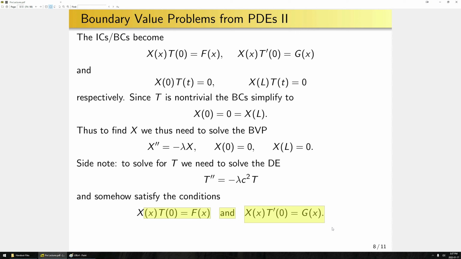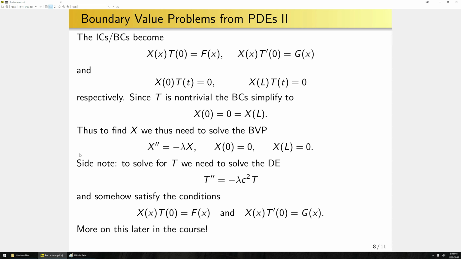Like, f of x and g of x are arbitrary functions. X of x could be one particular solution if the boundary value problem has a unique solution, or it could be an infinite family of solutions. So how can I do this? How is that possible? Well, more on that later in the course. I'll leave that as an open question to try to motivate the second half of the course. So at some point, we're going to come back to this question, and we are going to solve this for t, and you'll see how that works then. Also, you'll see why I'm not covering it now.